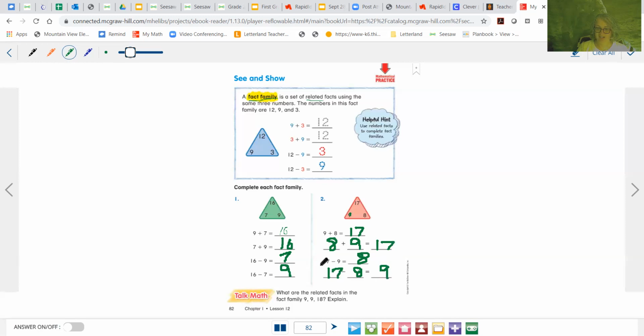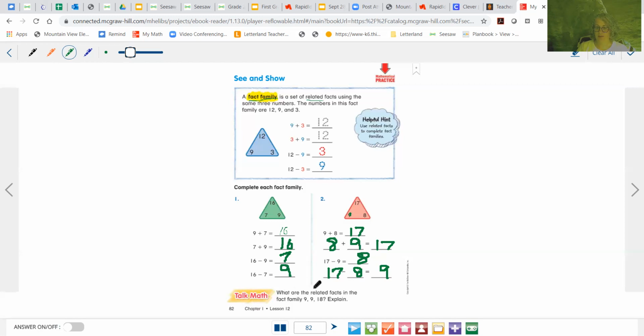We don't have any other numbers. It's those same three numbers, just moved around, but they have to make sense to be a correct addition or subtraction sentence. You can't just plug them in anywhere. You can't say 17 plus 8 equals 9. That's not correct. So they have to be in the correct placement for an addition sentence and the correct placement for a subtraction sentence for it to be true.